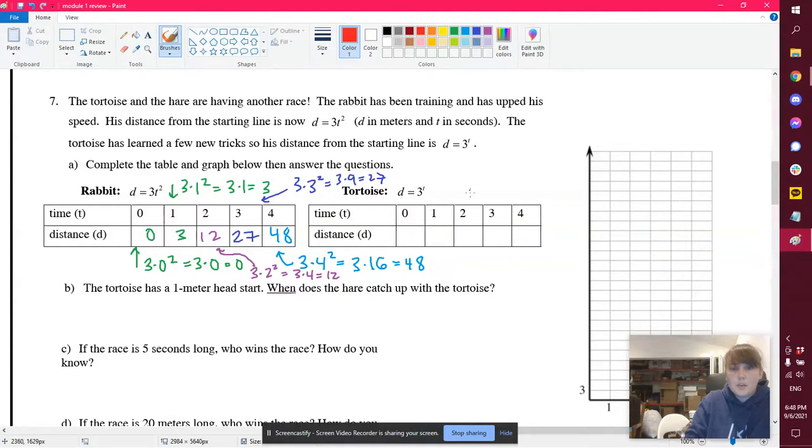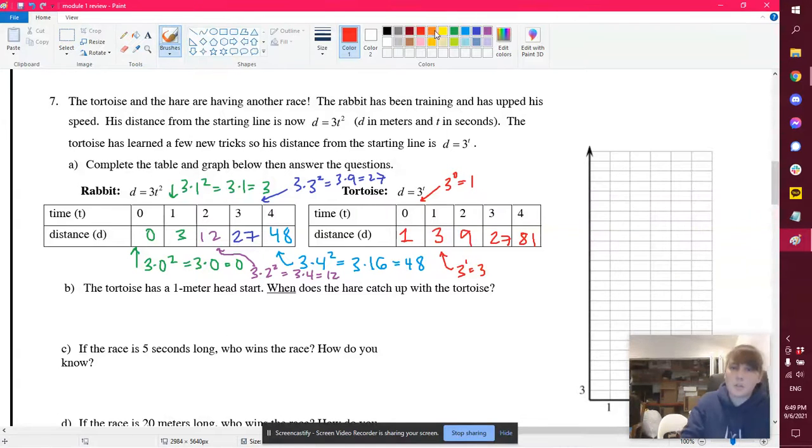And then when we go over here for the tortoise, now we're plugging things into the t, which is in the exponent. Anything to the power of 0 is 1. 3 to the power of 1 is just 3. And now every time we can just choose to multiply by 3.